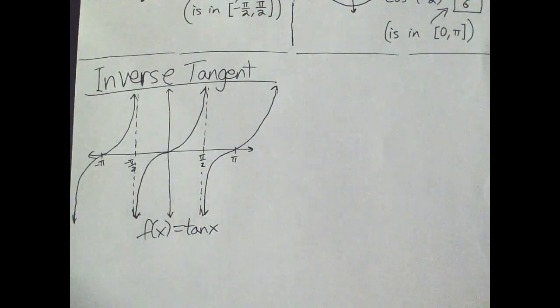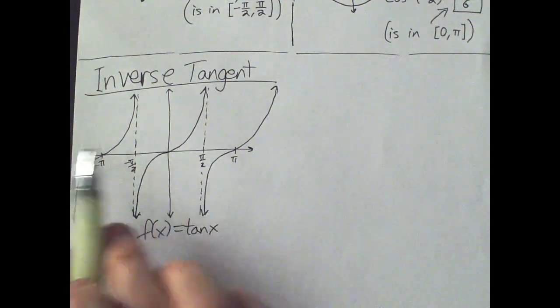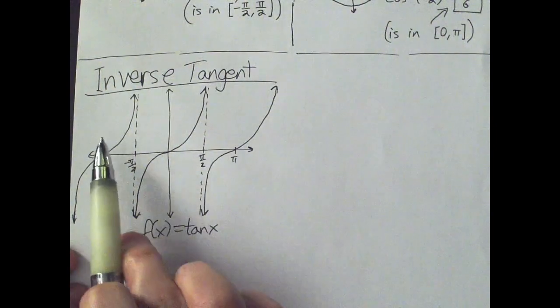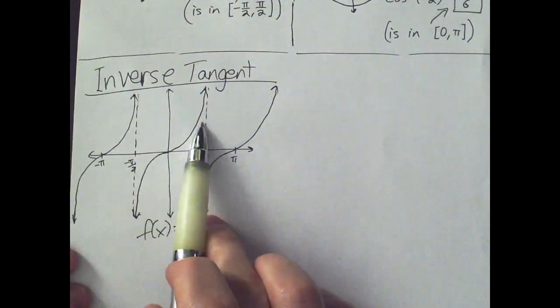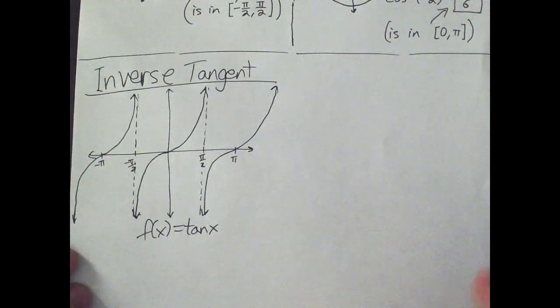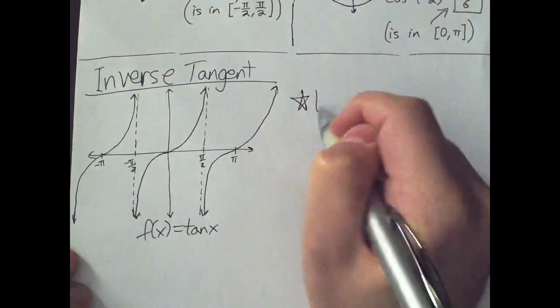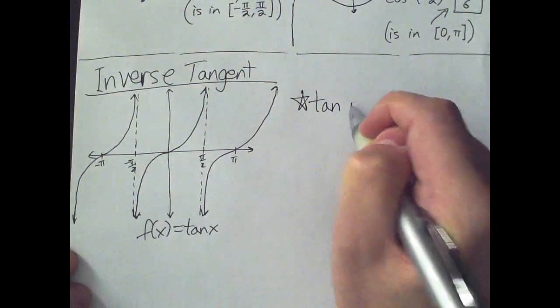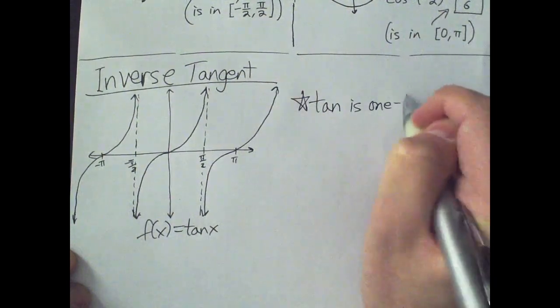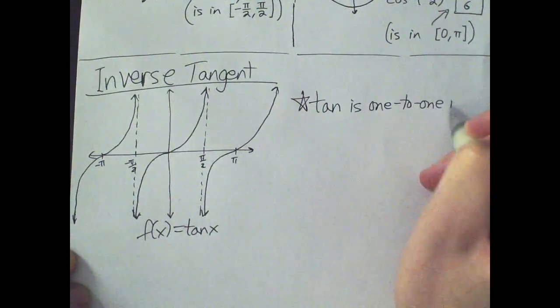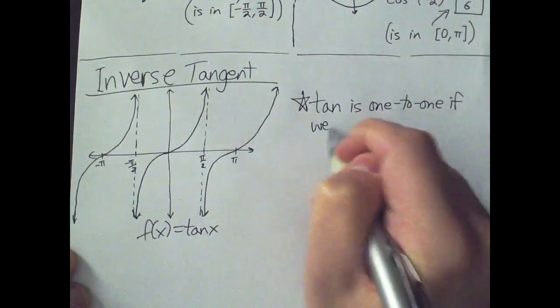So this is not 1-to-1. It fails the horizontal line test, because if I draw a horizontal line, it's going to touch the graph over and over and over again. But tangent is 1-to-1 if we restrict the domain.